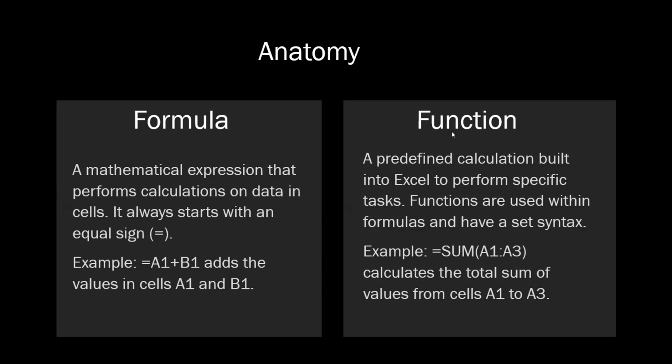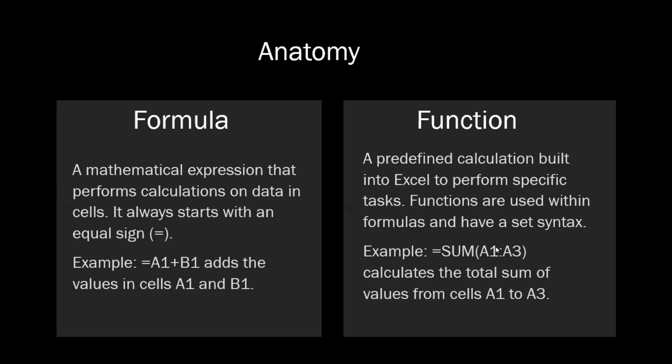But when it comes to function, it's a predefined calculation built into Excel to perform a specific task. So functions are used within formulas and have a set of syntaxes. You're going to understand this in a short while when we jump into Excel. An example is when you use your SUM. So instead of saying A plus B, you can just say SUM of the range A through B. You use a range when you have a range of values.